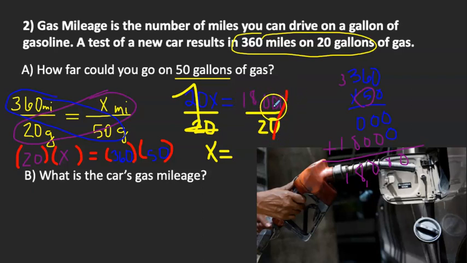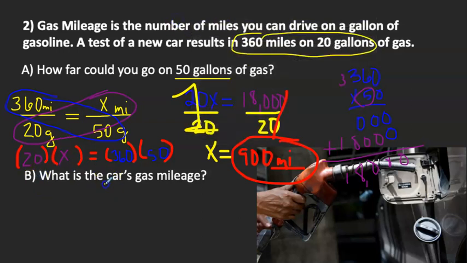And then 1800 divided by 2 is equal to 900. And it's important that we write the units. So let's look back. X was miles, so 900 miles. So the question was, how far could you go on 50 gallons of gas? You can travel 900 miles. That's our answer.